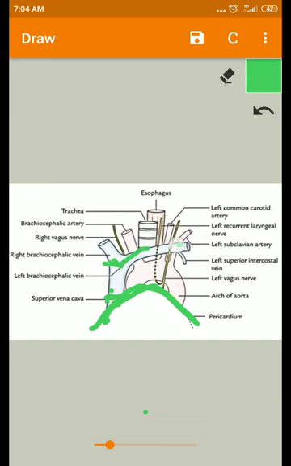And this left brachiocephalic vein has another tributary, the left superior intercostal vein. This is about the veins.